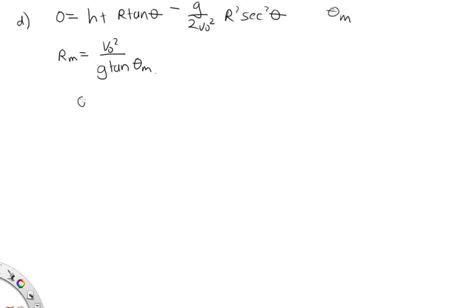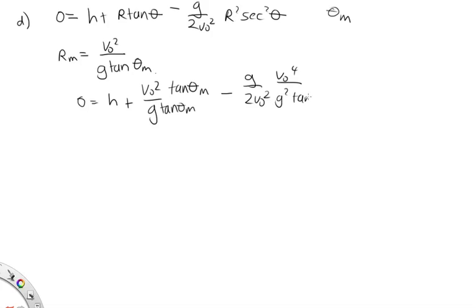So 0 is equal to h plus v naught squared over g tan theta m times tan theta, and then this will be theta m for the maximum range, minus g over 2 v naught squared. Now we substitute for r, so we've got v naught to the 4 over g squared tan squared theta m, sec squared theta. Let's write sec squared theta as 1 on cos squared theta m.